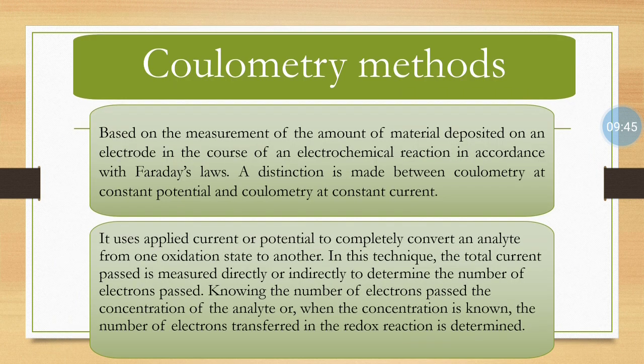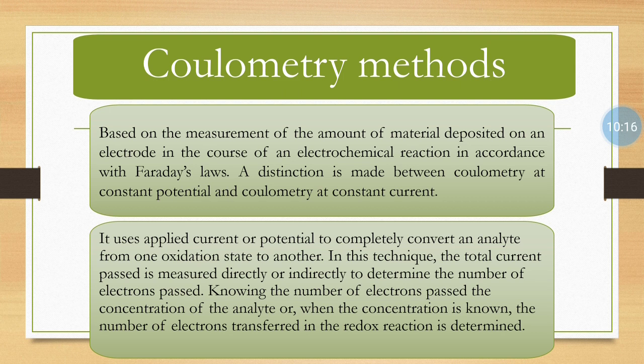Next is the coulometric method, which is based on the measurement of the amount of material deposited on an electrode in the course of a chemical reaction in accordance with Faraday's law. A distinction is made between coulometry at constant potential and coulometry at constant current. That means these are the two different types of coulometric method.